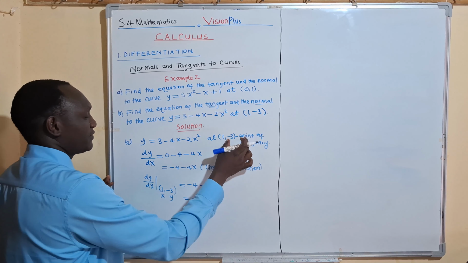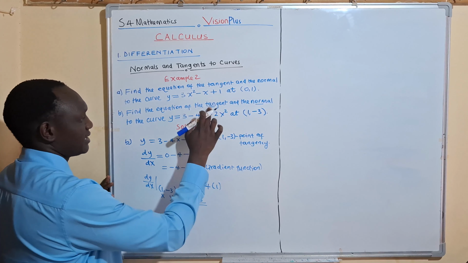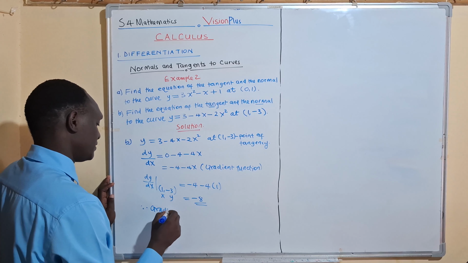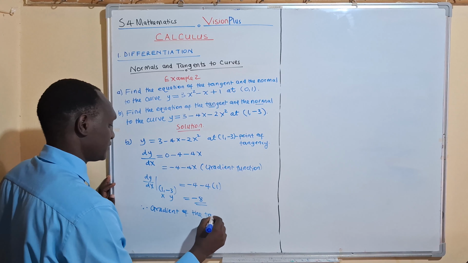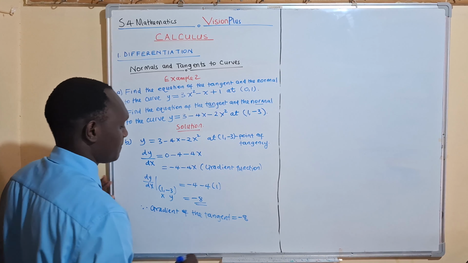Now, at the point of tangency, the gradient of the curve is the same as the gradient of the tangent. Therefore, this is the gradient of the tangent. It is negative 8.